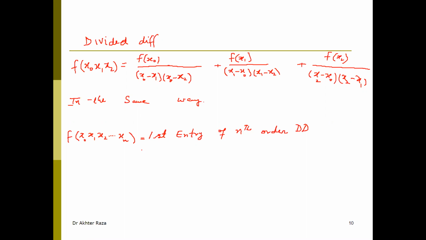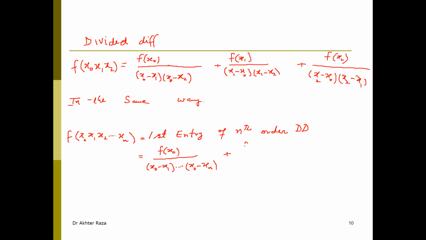How can this first entry be expanded? This can be expanded by f(x0). In the denominator, we have all brackets. What brackets do we have in the denominator? x0 minus x1 up to x0 minus xn. All of these brackets we must have.